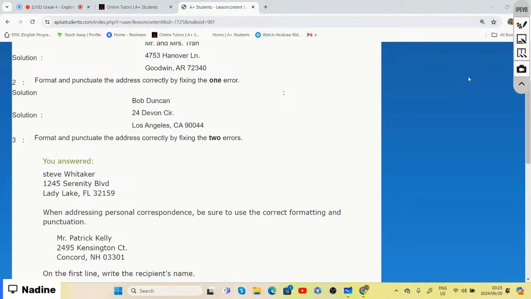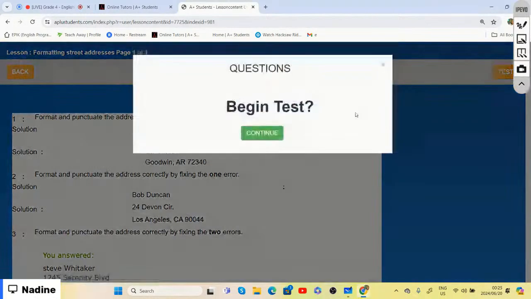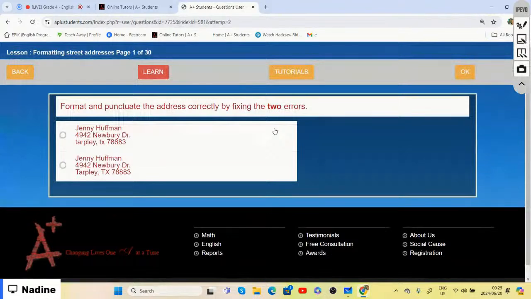All right, so now we're going to our test where we are going to be formatting street addresses. It says format and punctuate the street address correctly by fixing the two errors. So we're going to have to fix two errors within these addresses. It's either option one or option two.